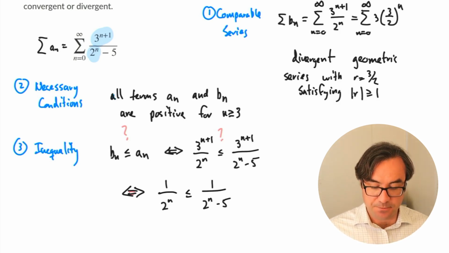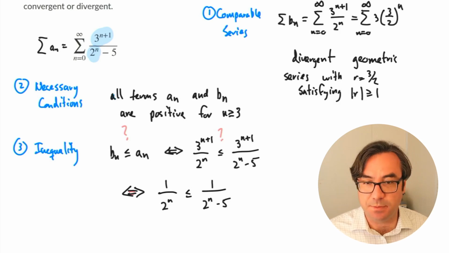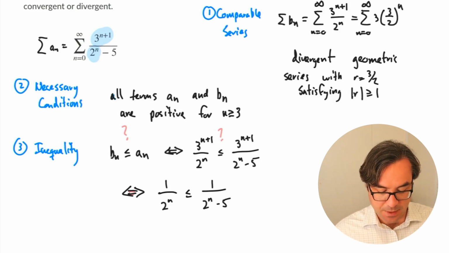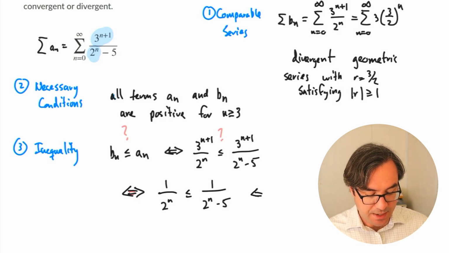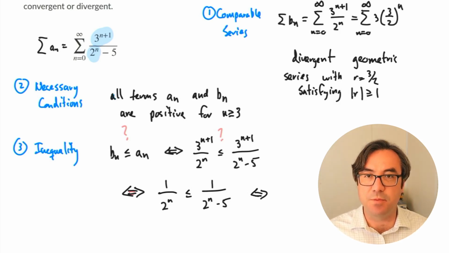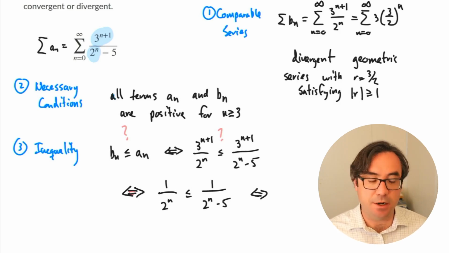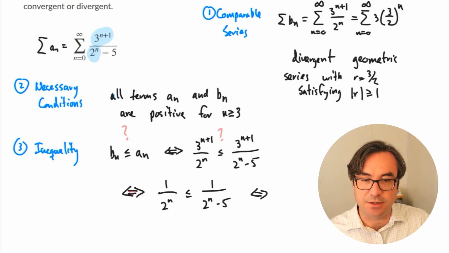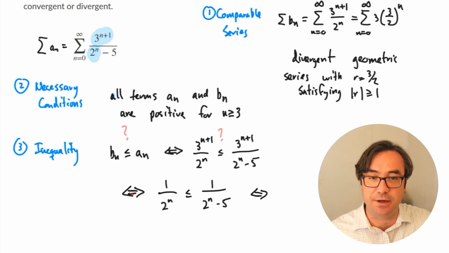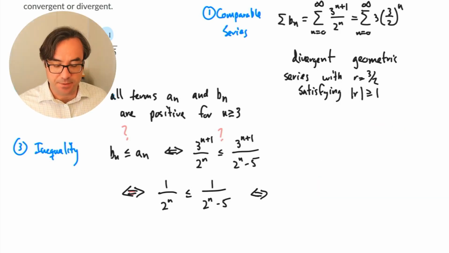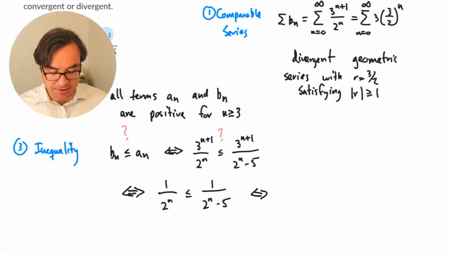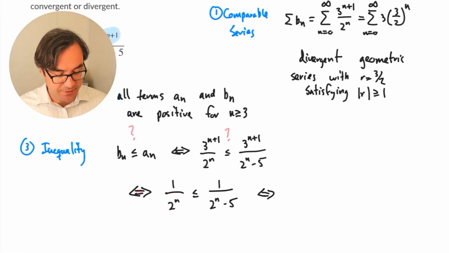And then from there, we can cross multiply. And as long as the terms we're multiplying are positive, then this is going to be true. It doesn't change the direction of the inequality. So if we multiply both sides by 2 to the n, I'm going to get 2 to the n on the right-hand side of our inequality.